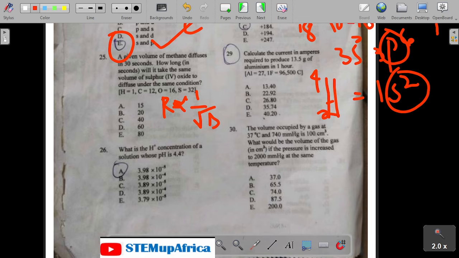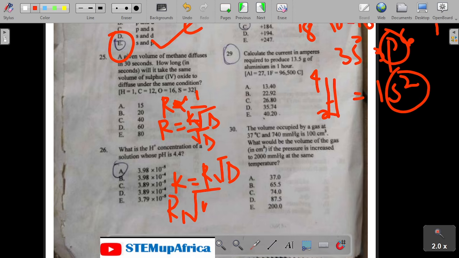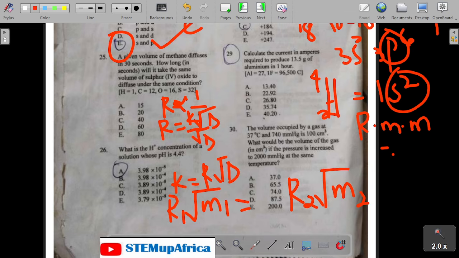If I remove the sign of proportionality, my rate will give me K over root D. So my K will give me rate times root D. We are using M because we know that relative molecular mass, M, is 2 times vapor density. So vapor density will be molecular mass divided by 2.